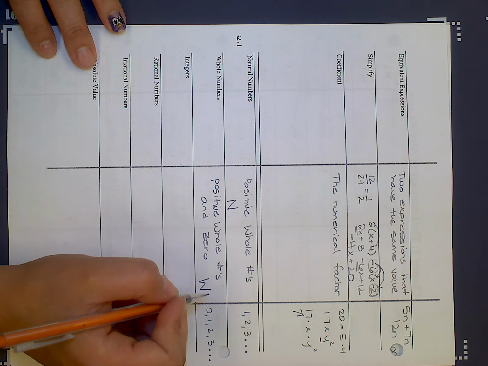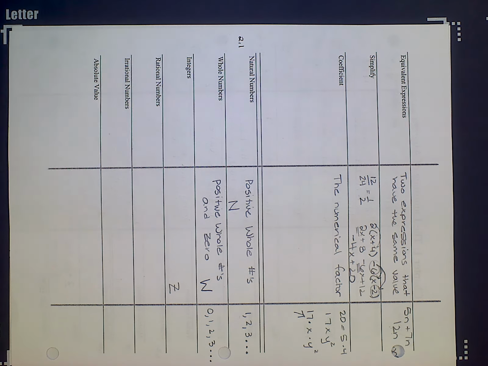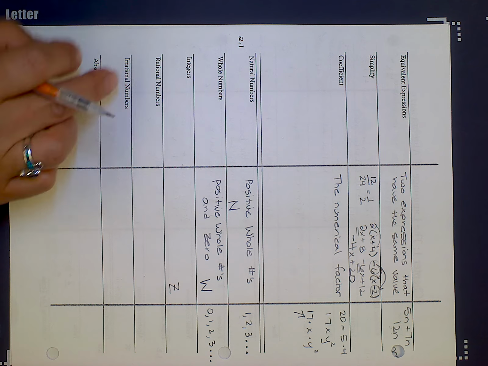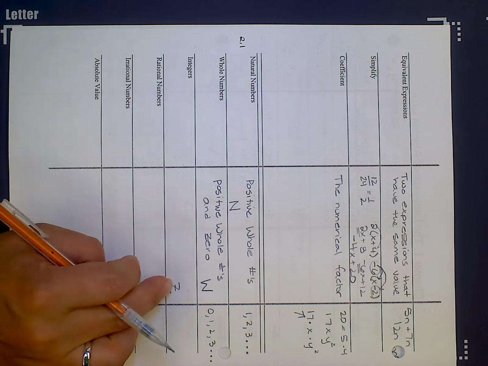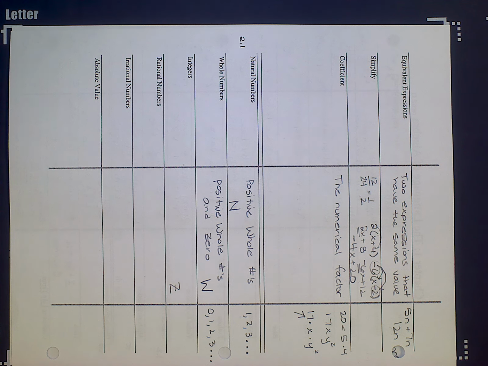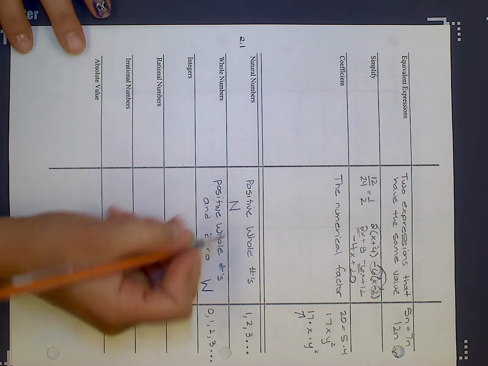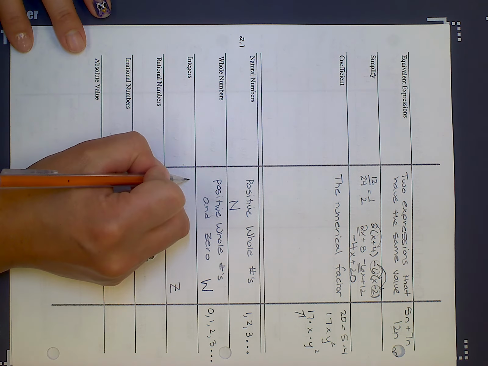Naturals and wholes. Integers, this one is a little more confusing because they use the letter Z. We use I later on for irrational numbers, so we can't use I for integers. So they use Z instead for some reason. So integers, we just add another set, another category of numbers.